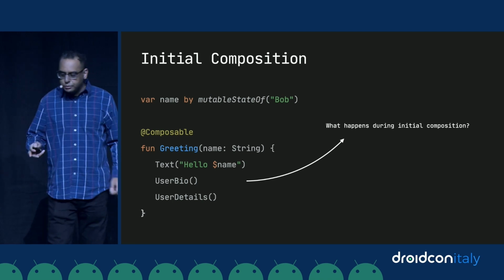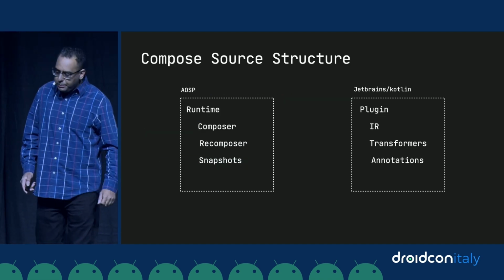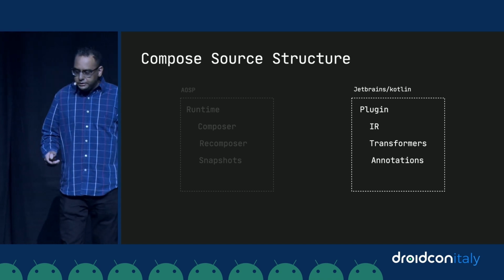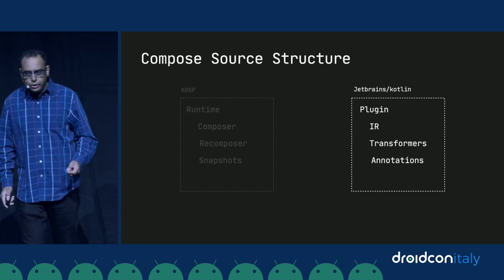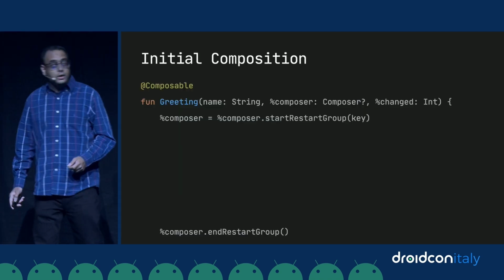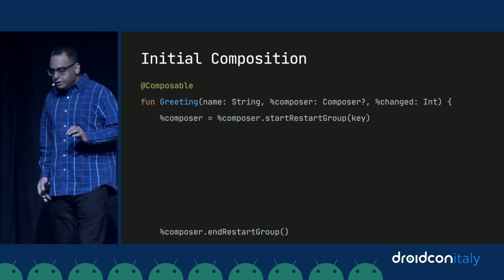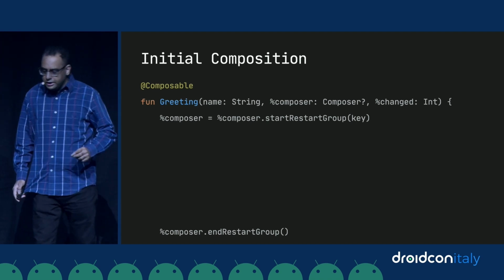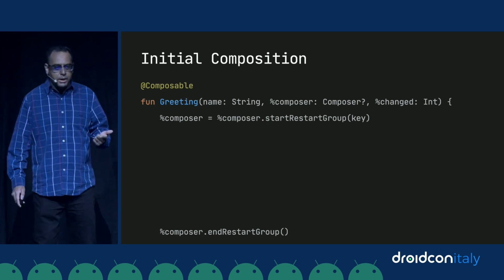So what happens when you call set content and you're executing this code? There are specific transformers. When you compile your code, when you take your Compose code, it gets translated into this. What it adds in is a composer, and something called a change parameter.